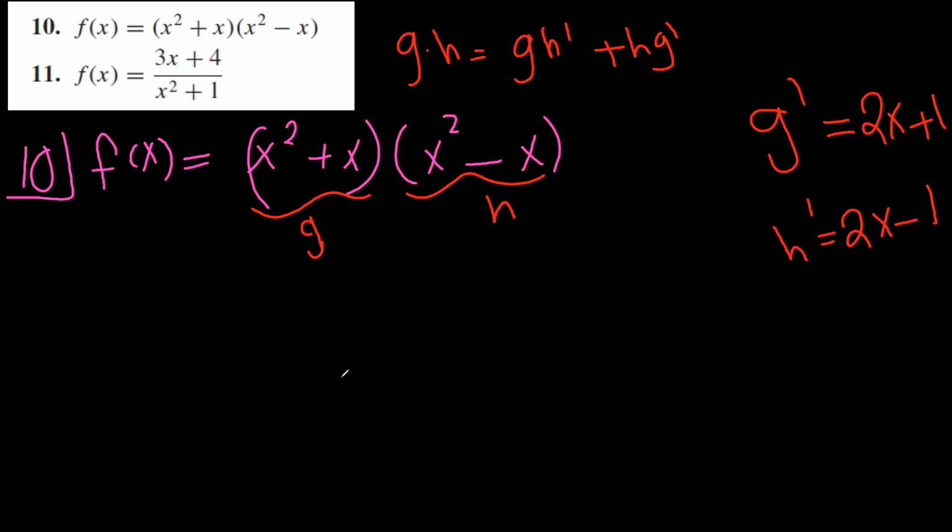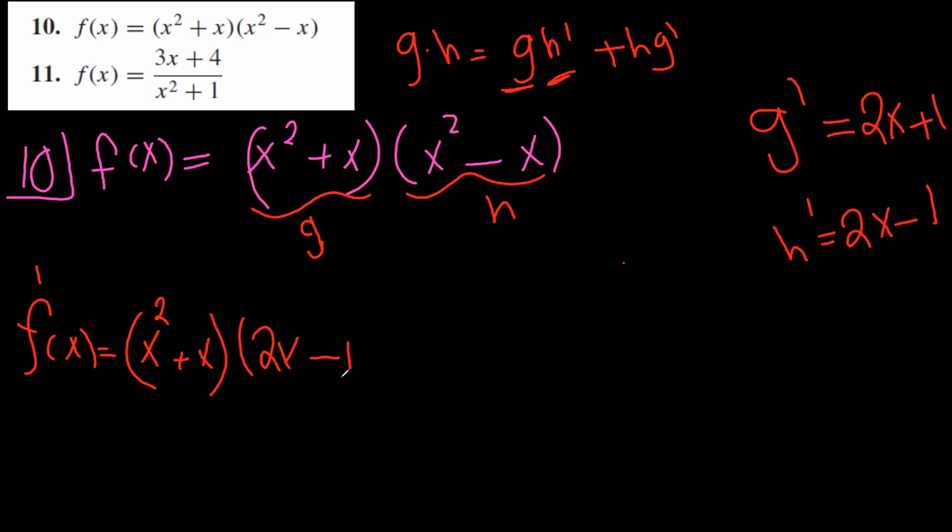Then after that, f prime of x is g, which is x squared plus x, times h prime, which is 2x minus 1, plus h, which is x squared minus x, times g prime, which is 2x plus 1.